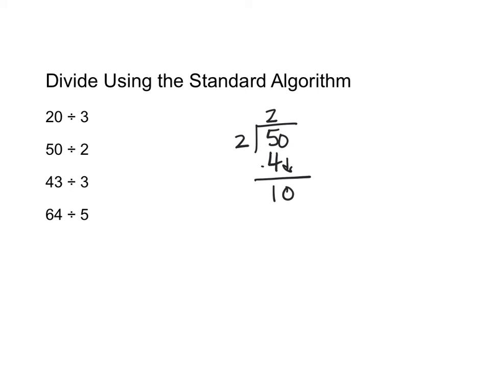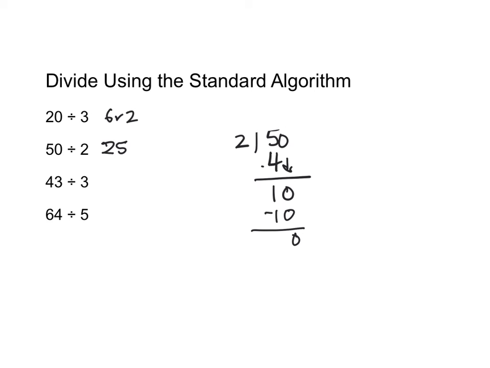Bring that 0 down, and 2 goes into 10 5 times. That was a nice, easy one. When we do our 5 times 2 is 10, minus, and we have 0. So our answer there was 25. Worked really easily. Actually, we could probably write that in there. 25, and the other one was 6, remainder 2.